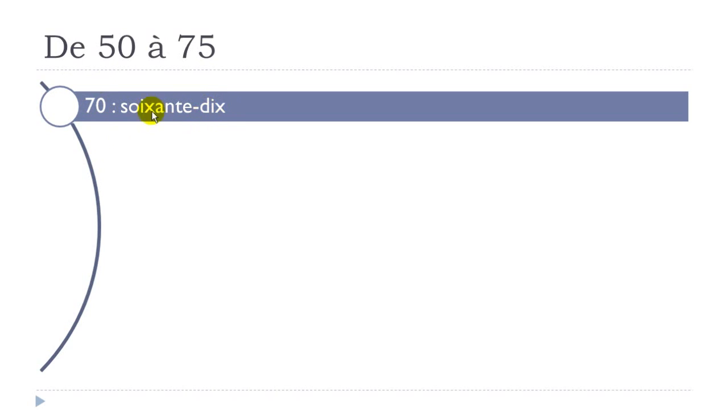So for this 70 session, you will have to use this 60 and then all the numbers from 10 to 19 right here after. Okay, so let's see how it goes.